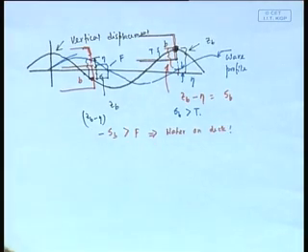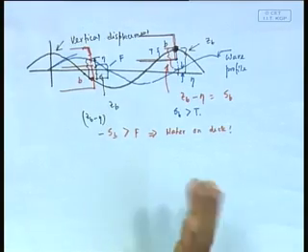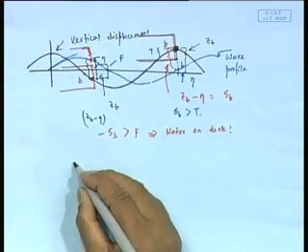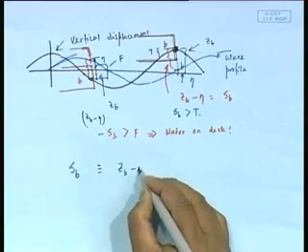So what we are saying therefore is that both these phenomena actually can be found out by the quantity SB, which is given by ZB minus eta.